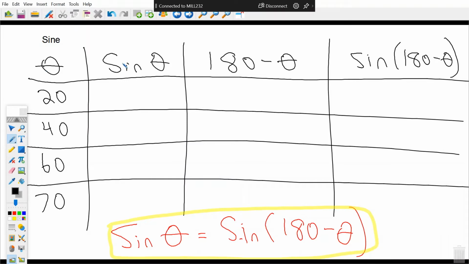So the first angle is 20 degrees, and it asks us for the sine of 20 degrees. I'll give you a moment, for those of you that are copying it down, just to get caught up so you can pay attention.